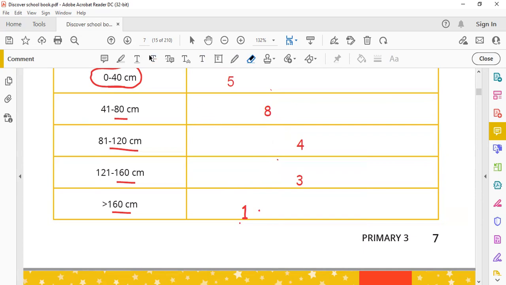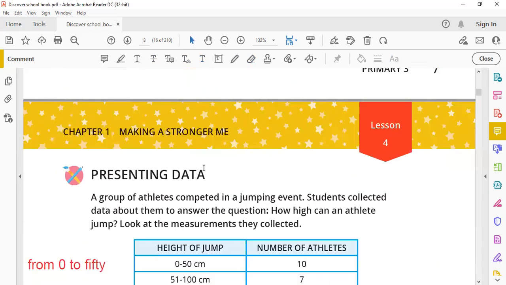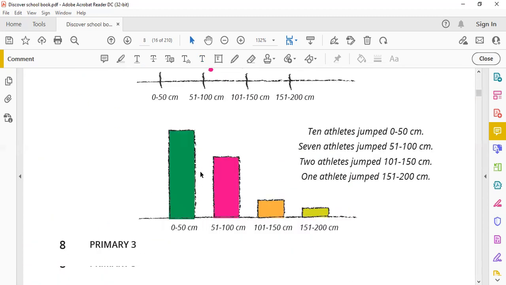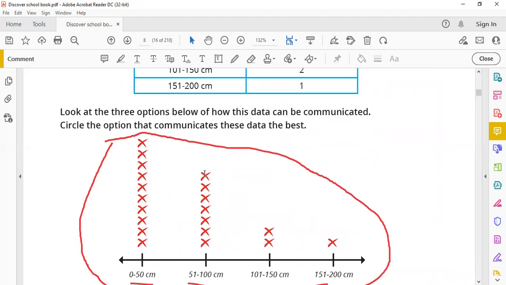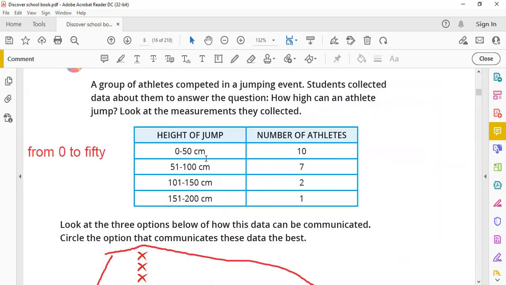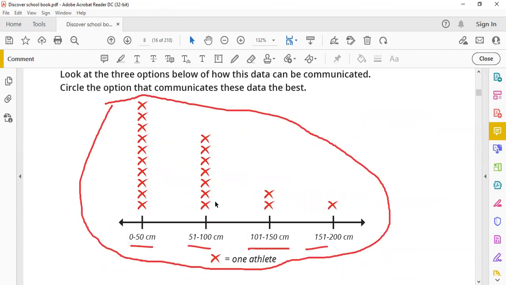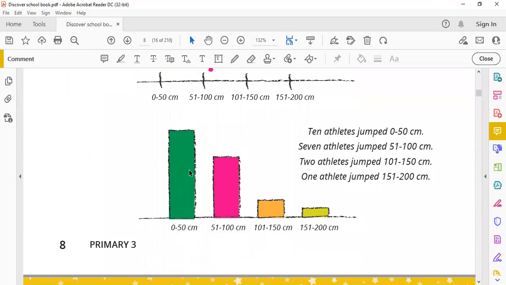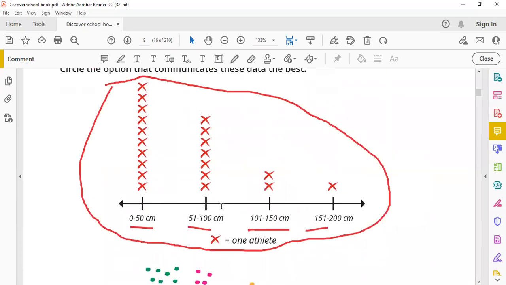Now, students, we go back to page 8. In page 8, we have a table to write the number. We have a graph to write the number. And we have 2 other kinds of graphs. But we choose this one.